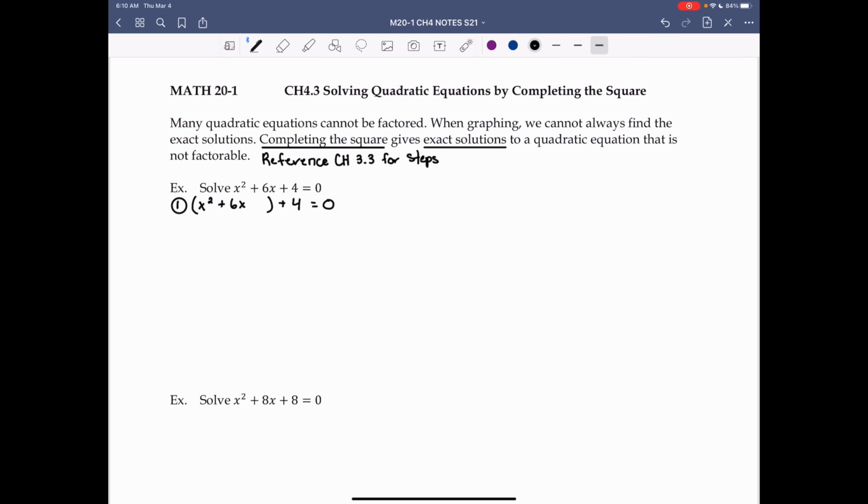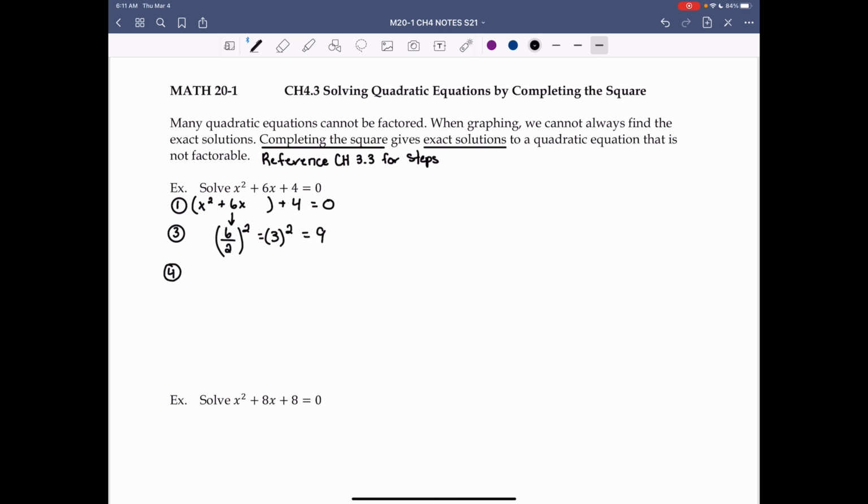So we go on to step 3. Step 3, we take the second term coefficient, divide it by 2, and square it. 6 divided by 2 is 3. 3 squared is 9.